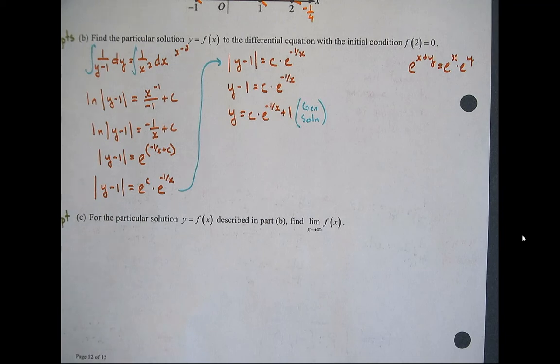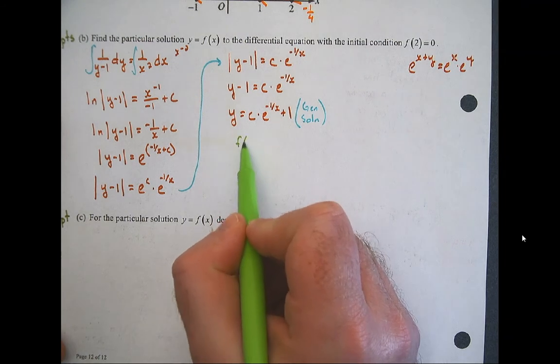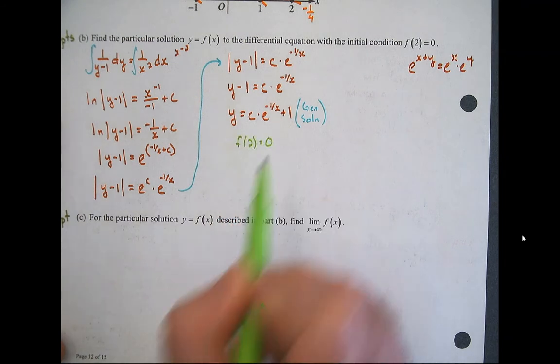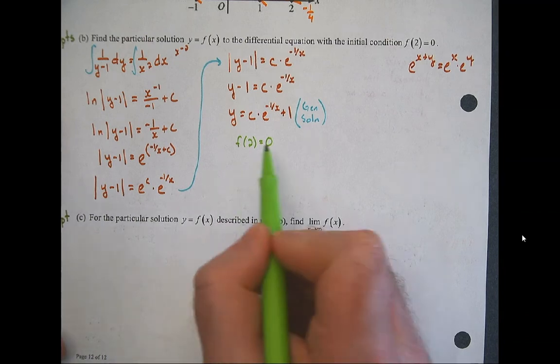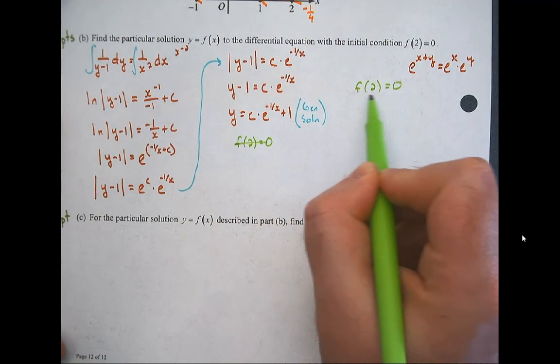So now we have a particular solution. I'm going to grab a different color. Let's go with a green here. So our initial condition is f of 2 equals 0. Why do I do it there? Why don't I do it over here with all this space? f of 2 equals 0.